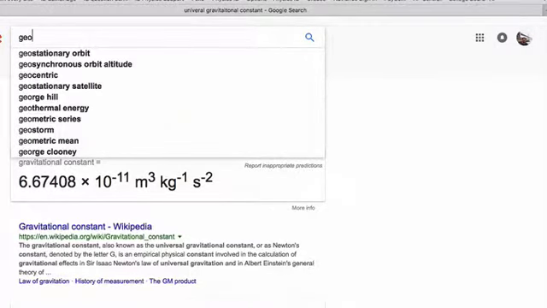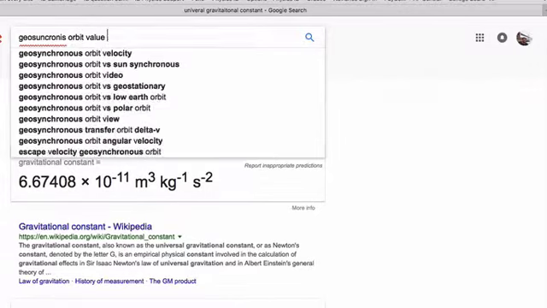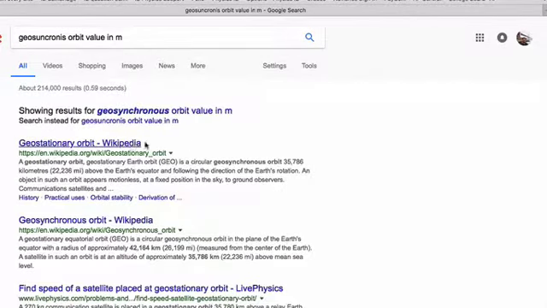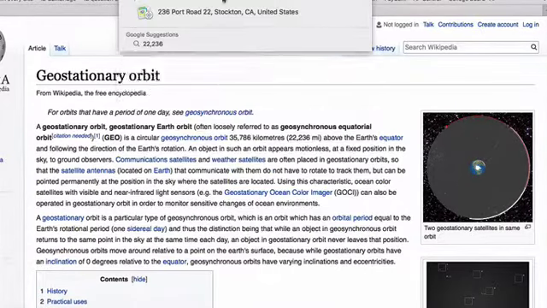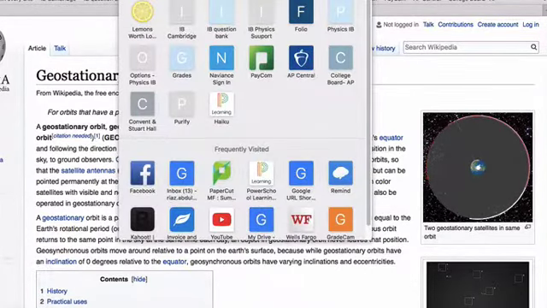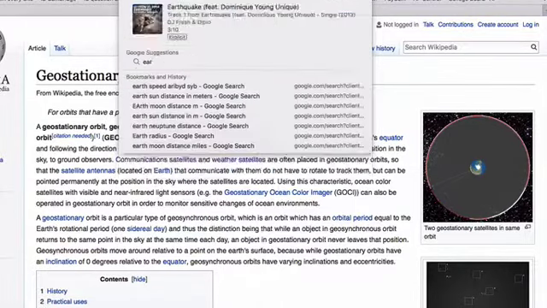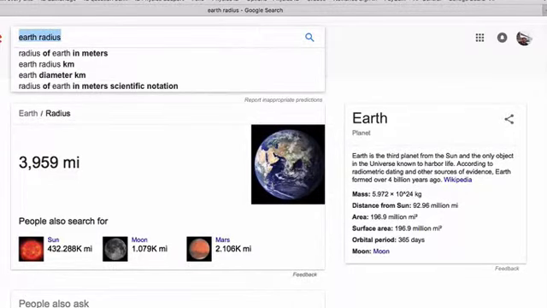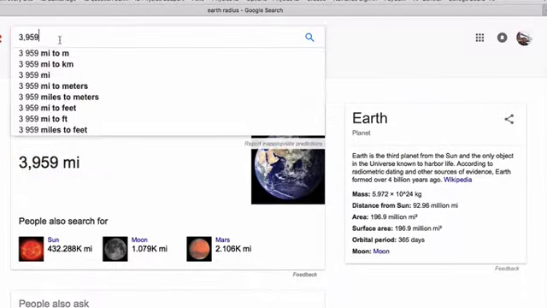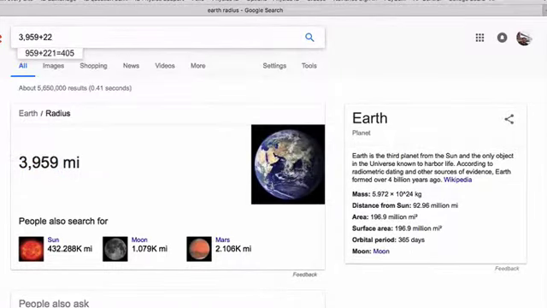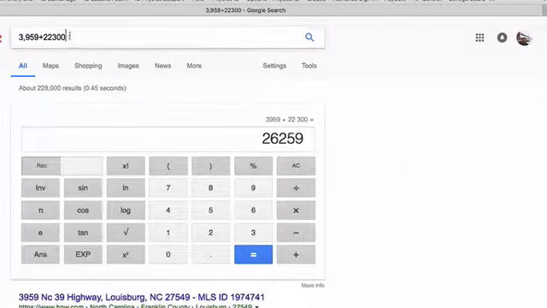So geosynchronous orbit value in meters. Yep. So it says 2,236 miles. So hang on, and then good. So let's just good.